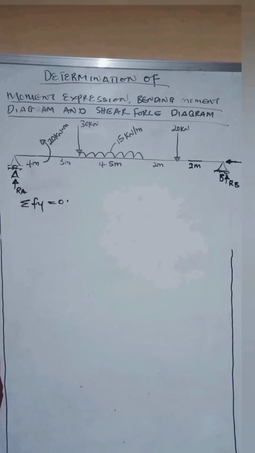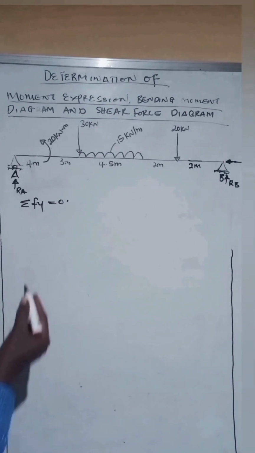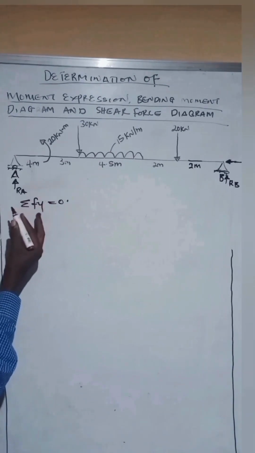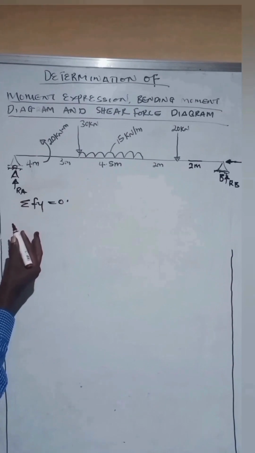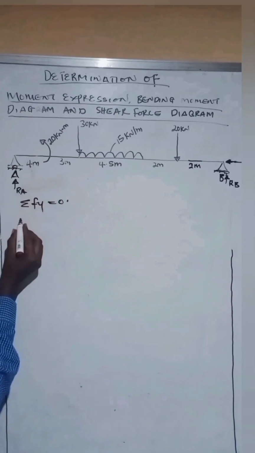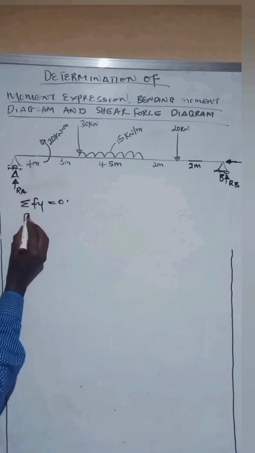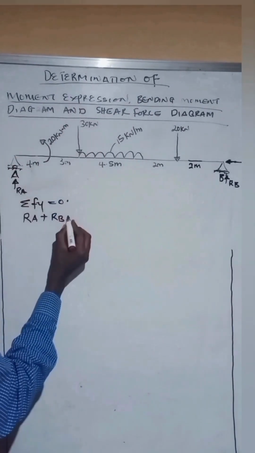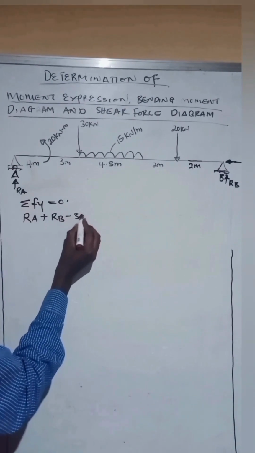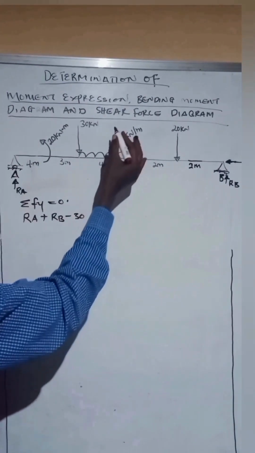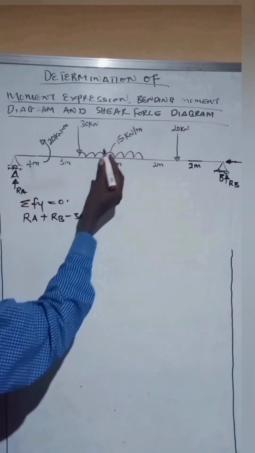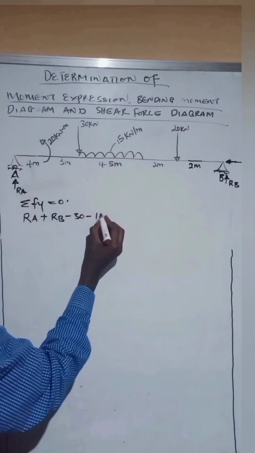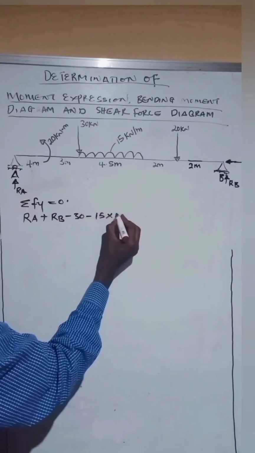Okay, so based on this, we can now say that the algebraic sum of the vertical forces, sigma Fy, is 0. The first force here is RA. We have negative 30. We have a UDL of 15 kilonewton per meter, so the force here will be minus 15 times 4.5.